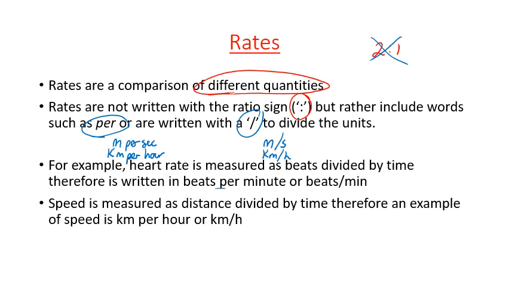Speed, which we've just talked about at the top, is measured in distance divided by time, so it's kilometers per hour.